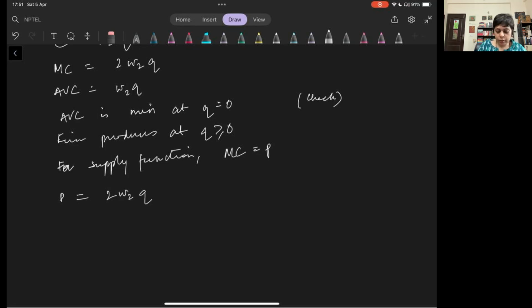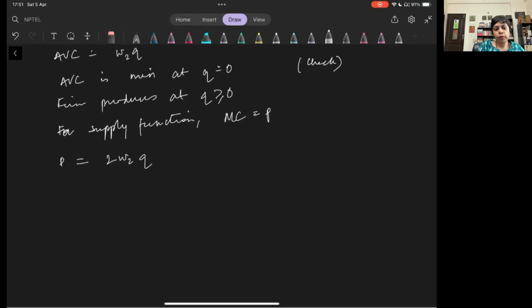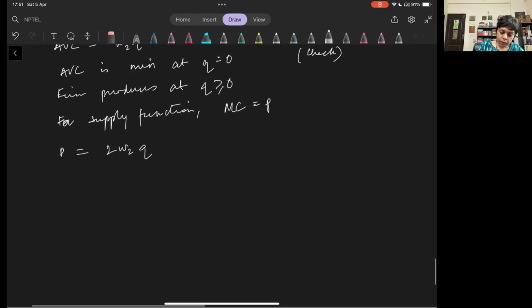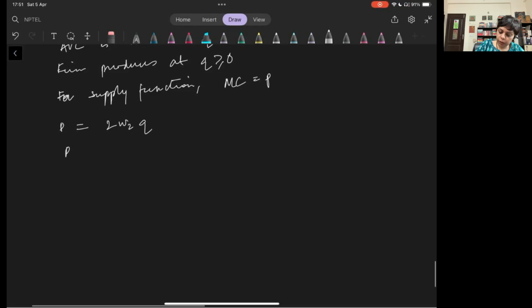We can write P equal to 1 also, since P is given. We just rearrange the terms, that's all. So Q is equal to 1 upon 2W2. This is going to come out to be your supply function given that P equal to 1. Let me see if that is the answer.